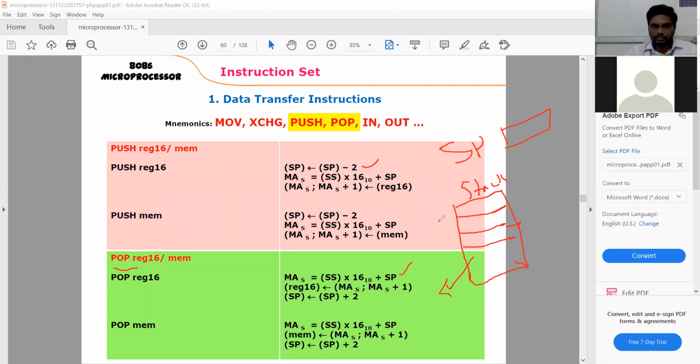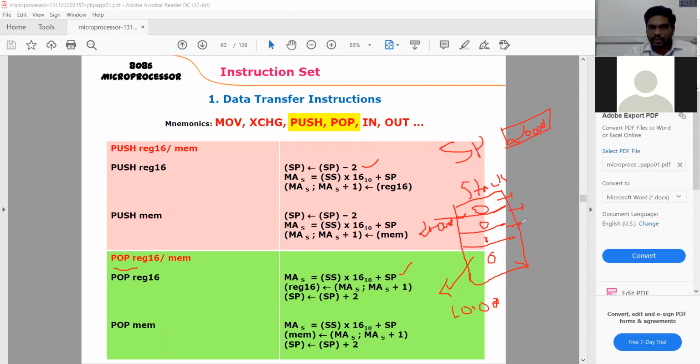That means we'll be filling like this. First this will be filled, next this, next this, next this. Because as I told you, this is 1000H and this is 2000H, and the stack pointer will always hold this 2000H. So first 2000H will be filled, next 1999.